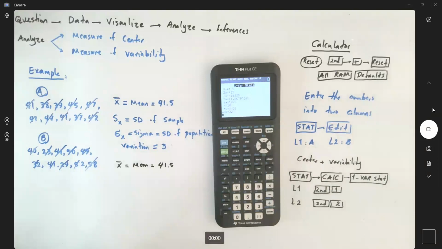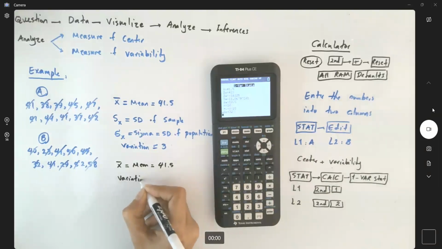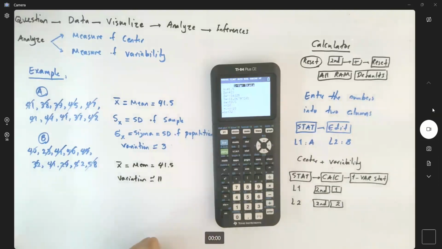Am I right? Which is very high. Variation is about 11. $11,000. So the distance from a randomly selected salary to the mean is about $11,000. It might be less than, or it might be larger than.